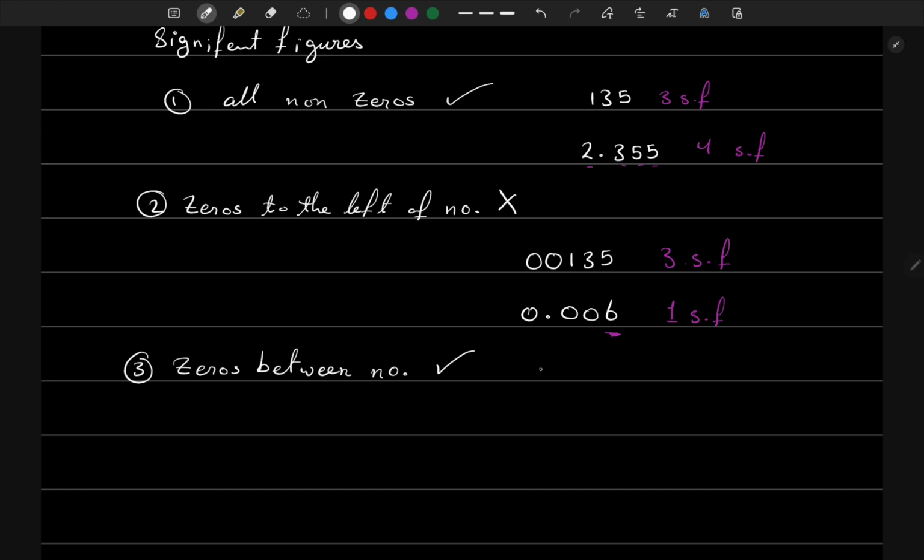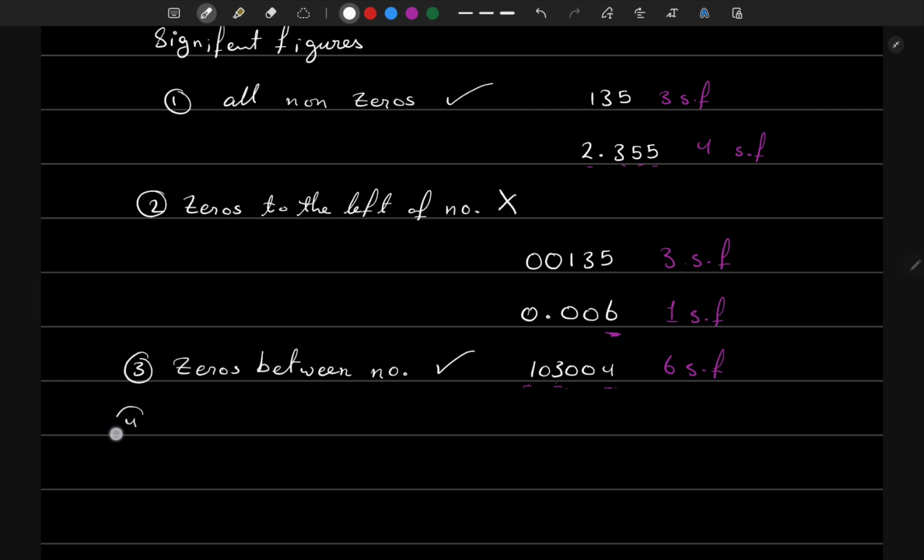For example, 103004. This number has 1, 2, 3, 4, 5, 6 significant figures. Those zeros here, I can count them as significant figures because they are between numbers. Not like this. Here they are not between numbers. Here they're just to the left.